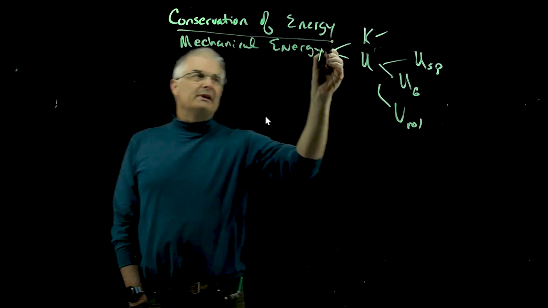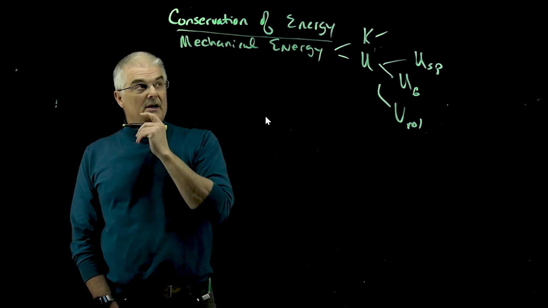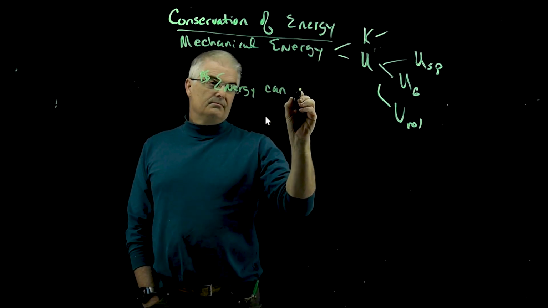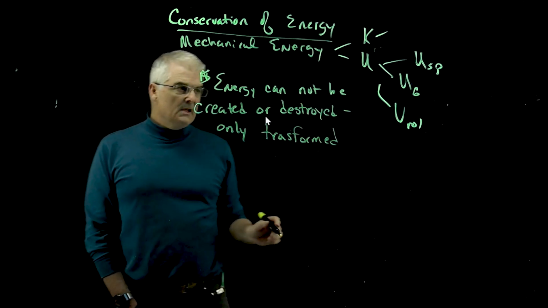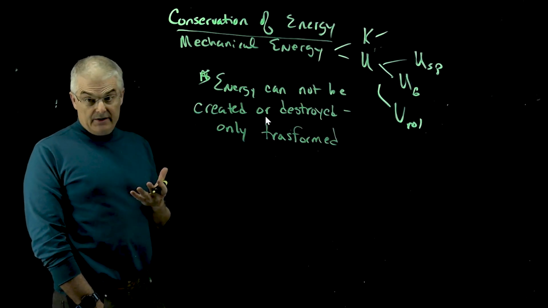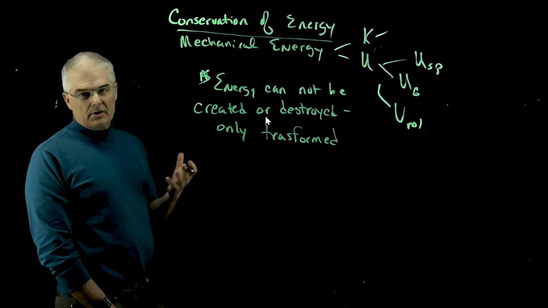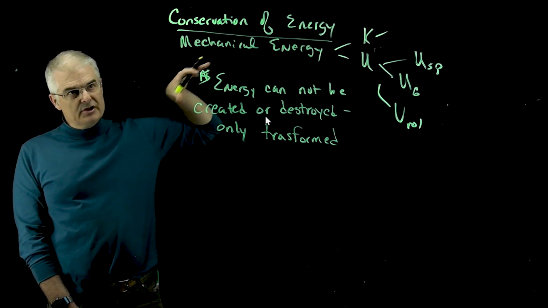One of the big ideas in all of science, frankly, is this concept called conservation. It's called the law of conservation of energy, and it says that energy cannot be created or destroyed. It can only be transformed. Or to put it another way, the amount of energy in has to equal the amount of energy out.